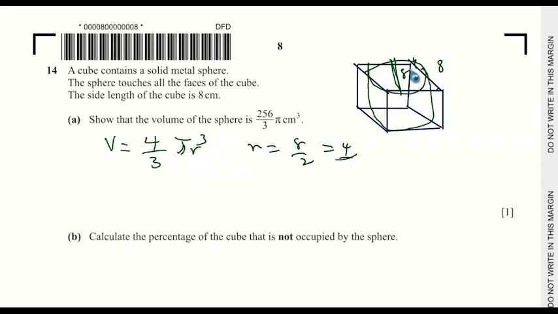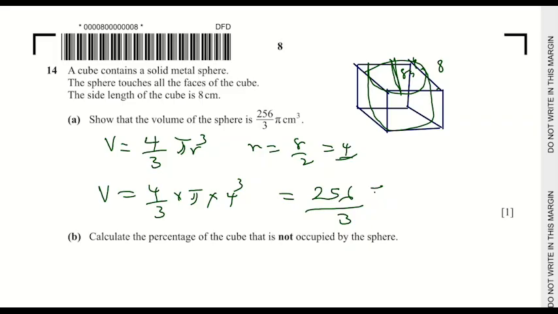So V equals 4 over 3 multiplied by pi, multiplied by 4 to the power of 3. If you input this, you surely get 256 over 3 pi centimeter cube, which is very straightforward.